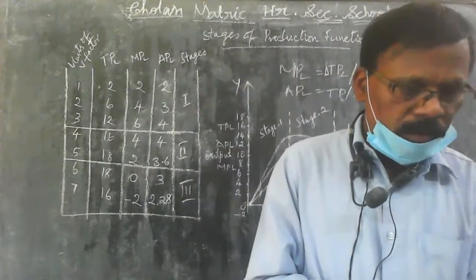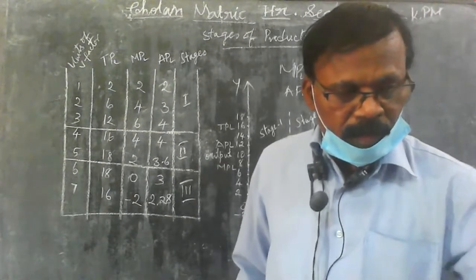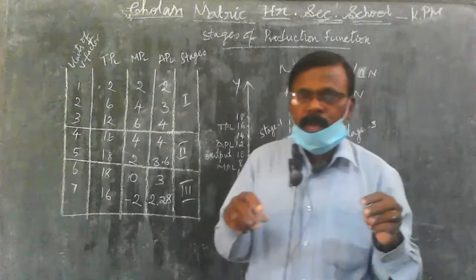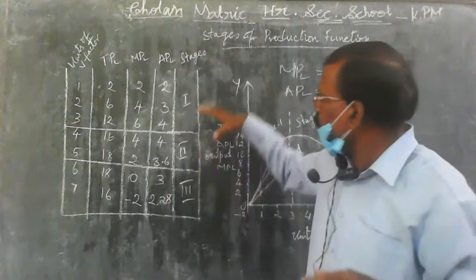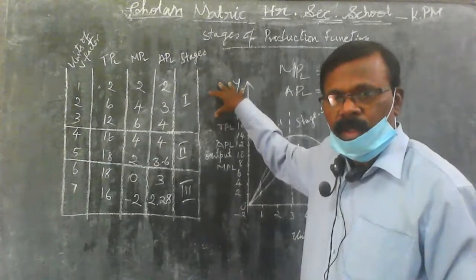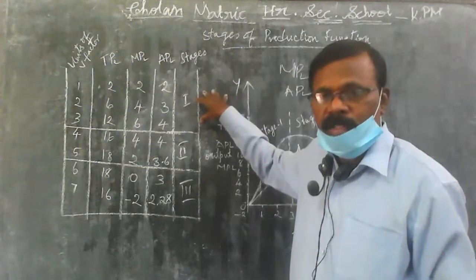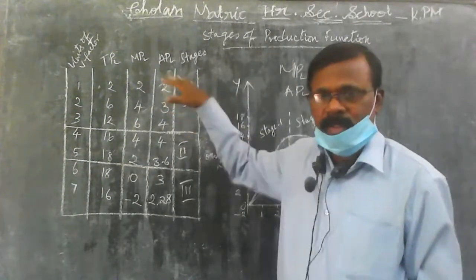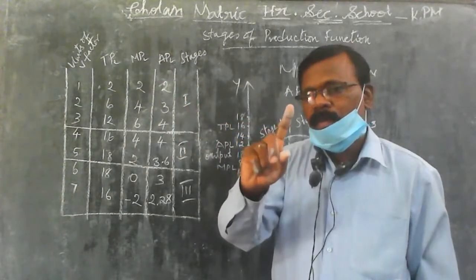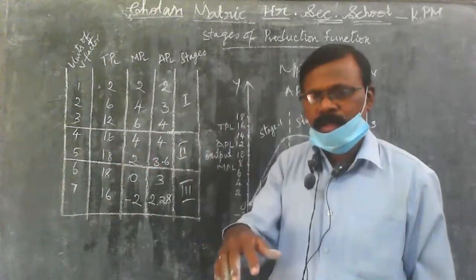Now, as I already mentioned, the factors are land, labor, capital, and organization. This law of variable proportions operates on the basis of assumptions. That means only one variable factor, and the others are held constant.